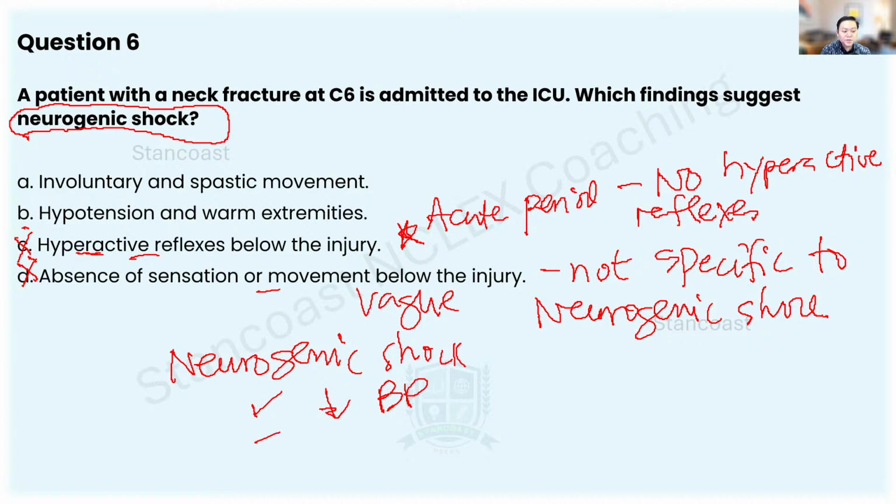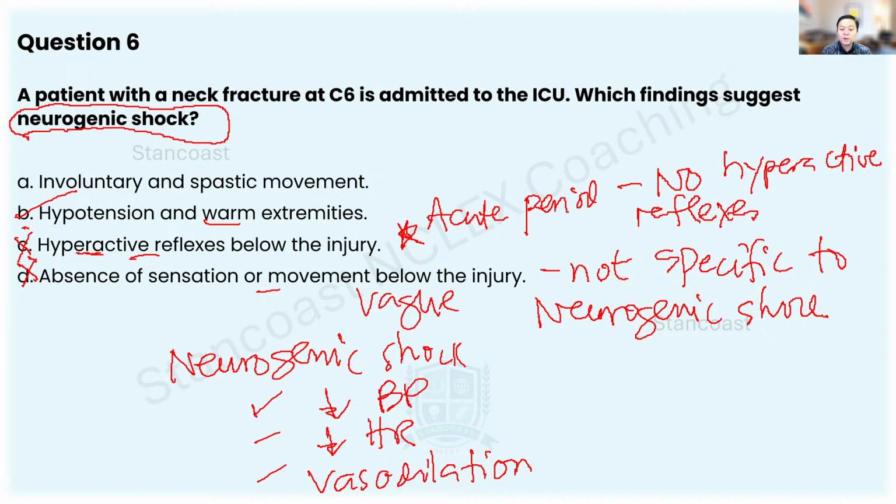There's going to be low heart rate. What else? Vasodilation. And that is why warm extremities is present, because of the vasodilation. Warm extremities. That is the correct answer.